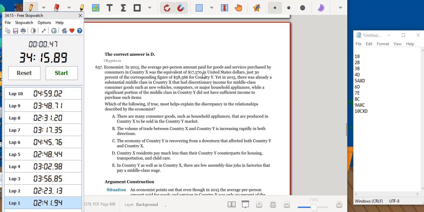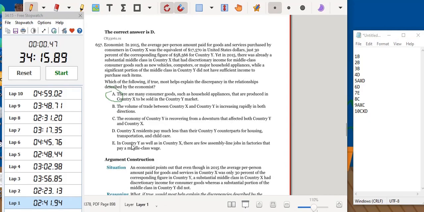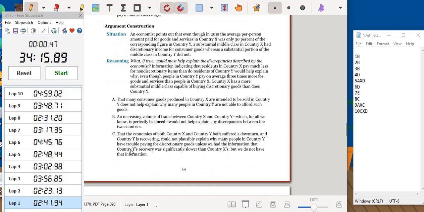This is the country X and country Y one. D, country X doesn't pay much less compared for housing. So I told that at that time, right? My confusion was with A, that the consumer goods are produced in India. Let me see the explanation.